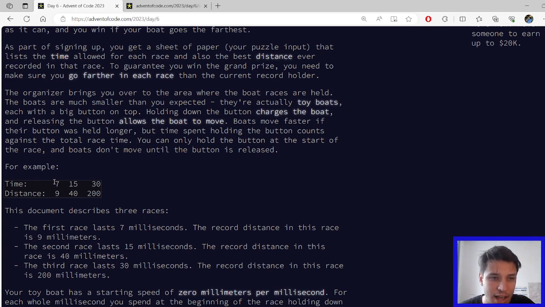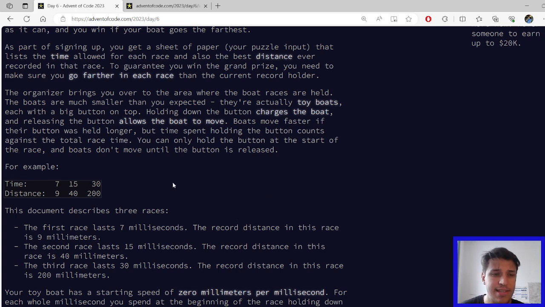For example, if we have the first race that lasts for 7 milliseconds, we can spend the first 3 milliseconds charging the boat, and then for the last 4 milliseconds, it will move, and the speed will be 3 millimeters per millisecond. So the total distance would be 3 times 4 equals 12. So that's larger than the current record. So in this case, we would beat the record if we charge the boat for 3 milliseconds.